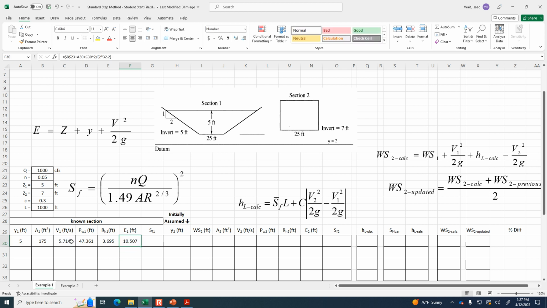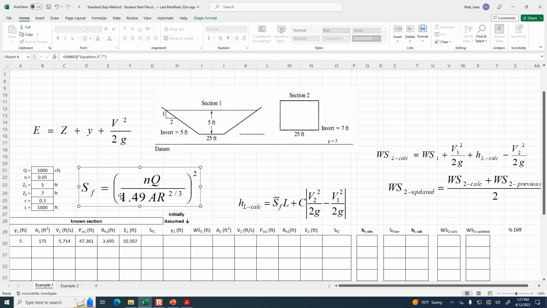Okay, so we've got 10.507 feet of head at location 1, and then for the slope of the energy grade line at 1, we're going to use this formula. This is Manning's equation with, in traditional units, the 1.49 units conversion factor that applies. So solving, and of course this is not a wide channel, it's not wide enough to be considered wide.